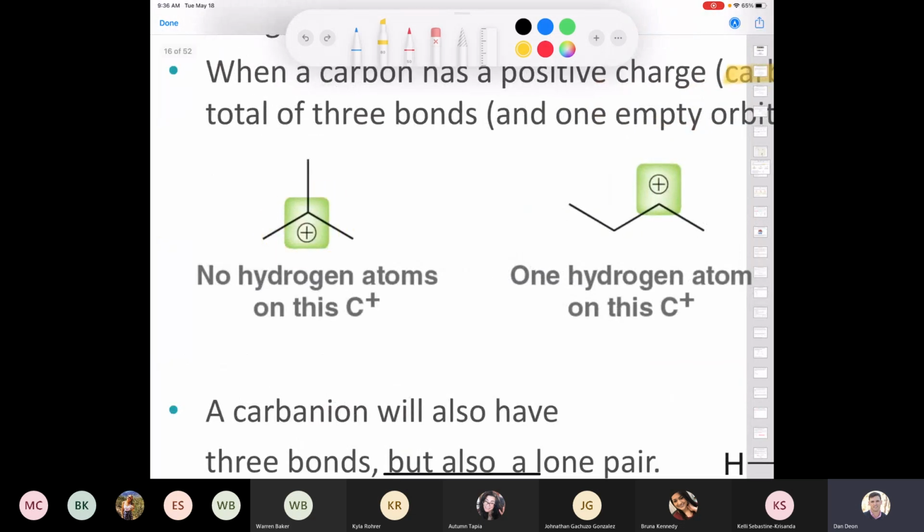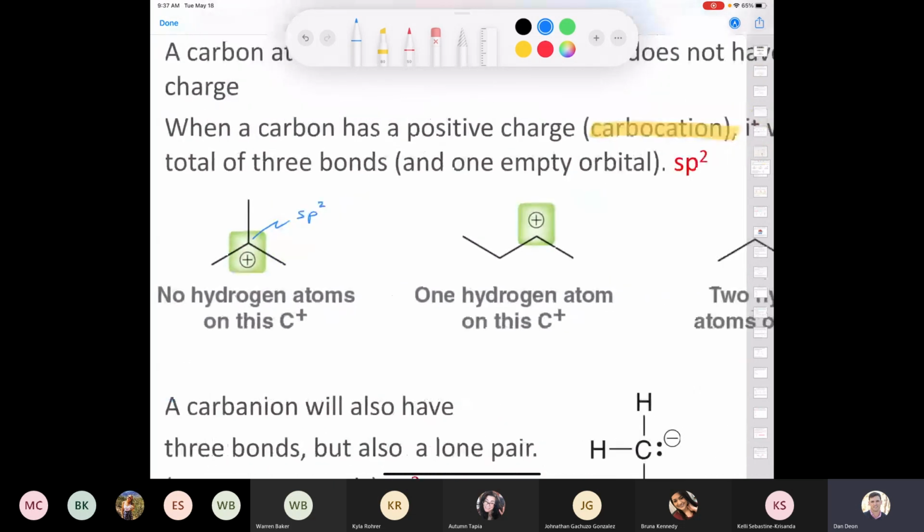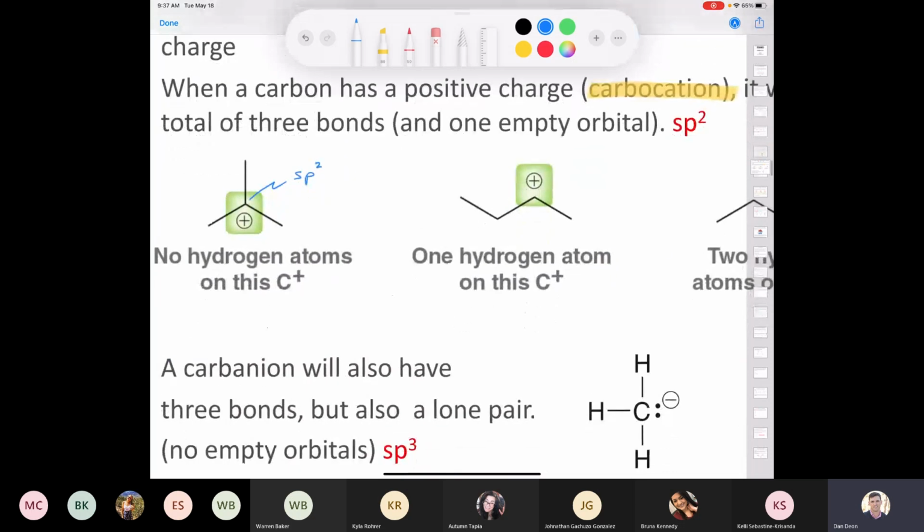The only reason that you know that there's no hydrogen attached to that carbon is because they put the positive charge there. So you have to include the positive charge to tell the reader that this carbon is sp2 hybridized and is a carbocation because the p orbital is empty. Same thing over here.